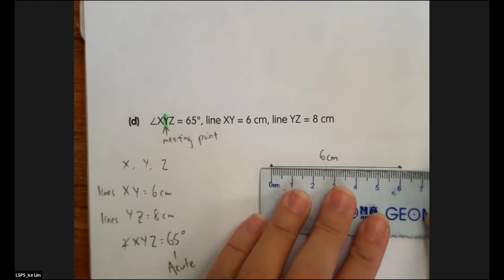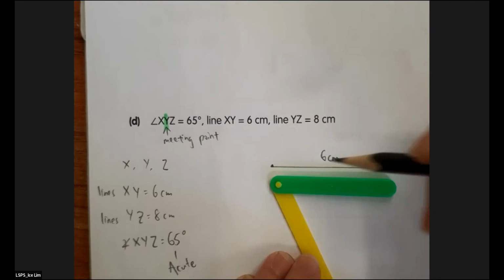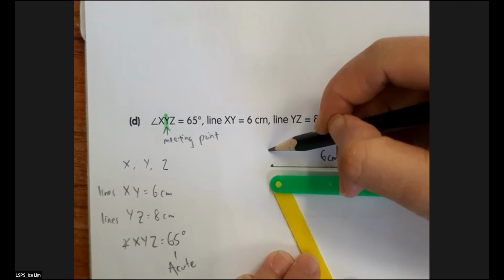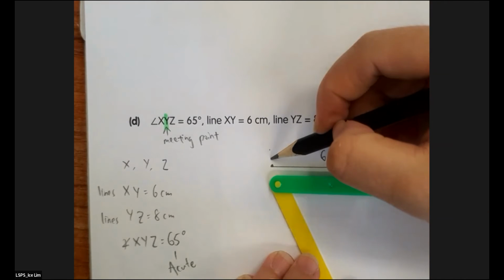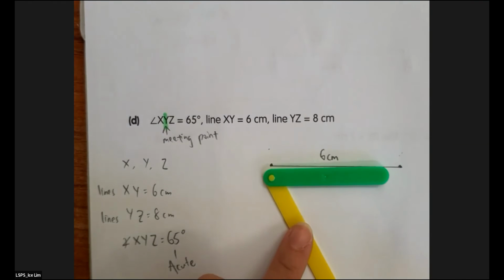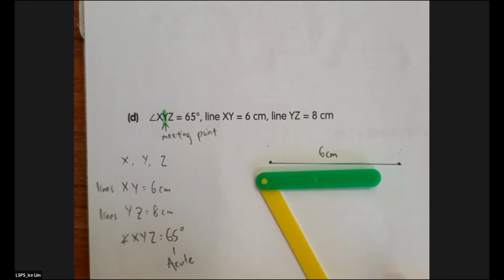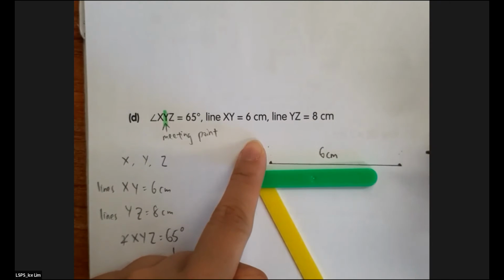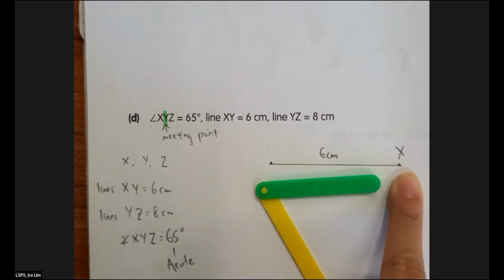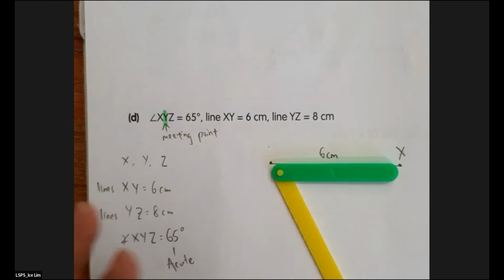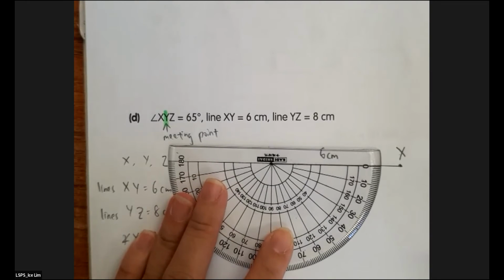Now, here's the important part. If I were to do like this, is this point X or this point X? If my angle is like this, X, Y, Z, is X here or here? Here, on the right, because it's X, Y, and Z. So 65 degrees, line to line.